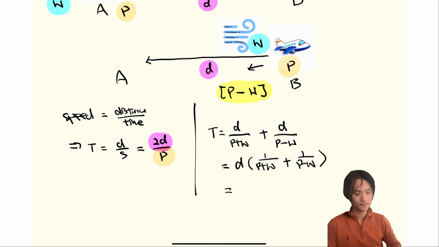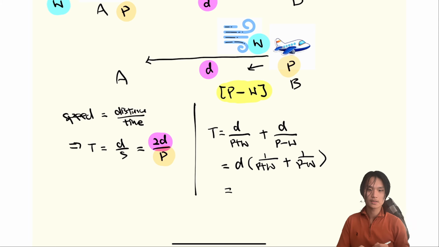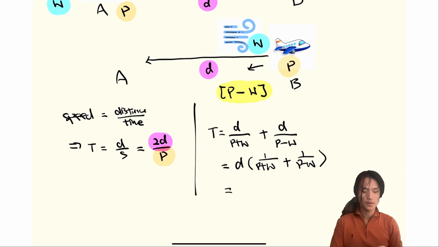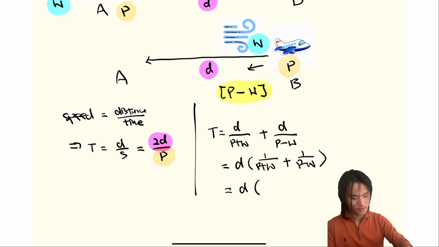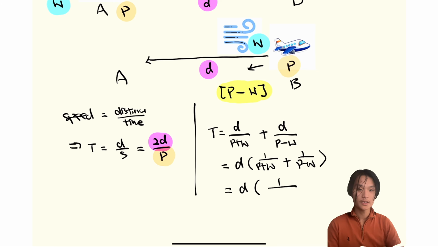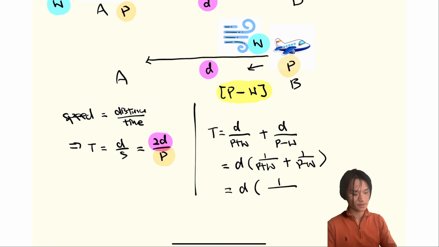We have two different fractions with two different denominators, so we want to merge them together. So we have D, and then on the bottom is P plus W multiplied by P minus W. That's just the difference of two squares formula. That turns out to be P squared minus W squared.